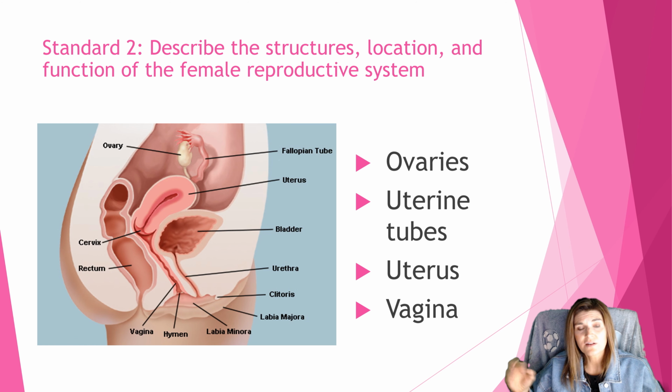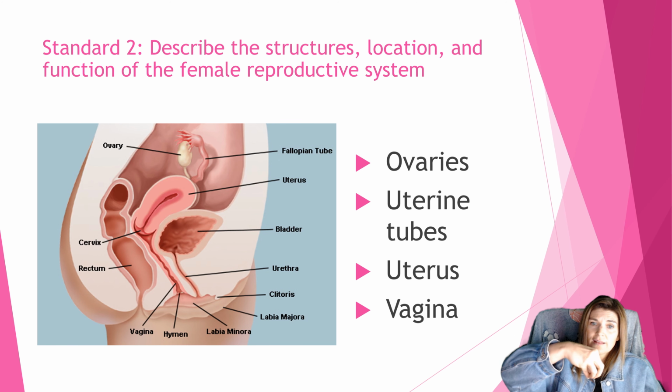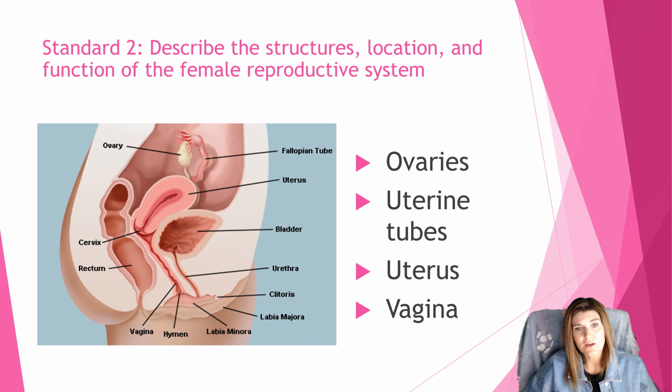And the cells will start to divide, and then the uterine tube will transport that little zygote into the uterus. And the uterus is where the baby will grow and develop. So we've got the uterus there, and the vagina is the sexual organ, or the organ of copulation.